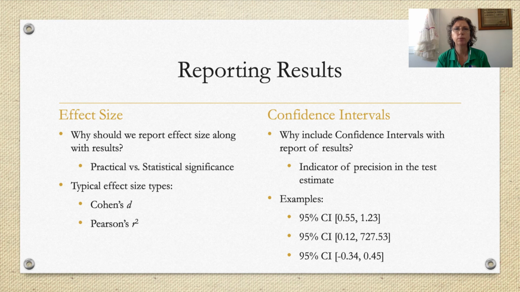So one way we quantify that is with effect size. Our typical effect sizes, we use Cohen's d for looking at effect size for between groups, so for your t-tests. And we use the coefficient of determination, or the Pearson's r squared, for our effect size for correlations.